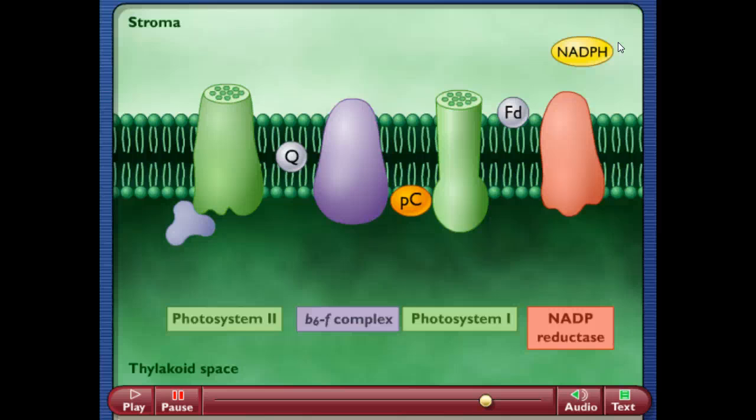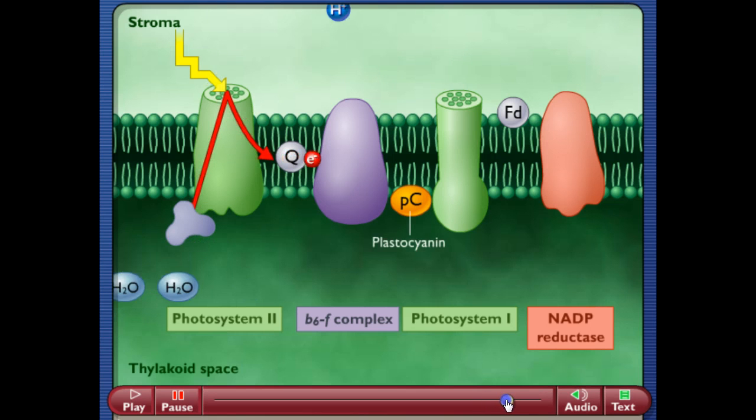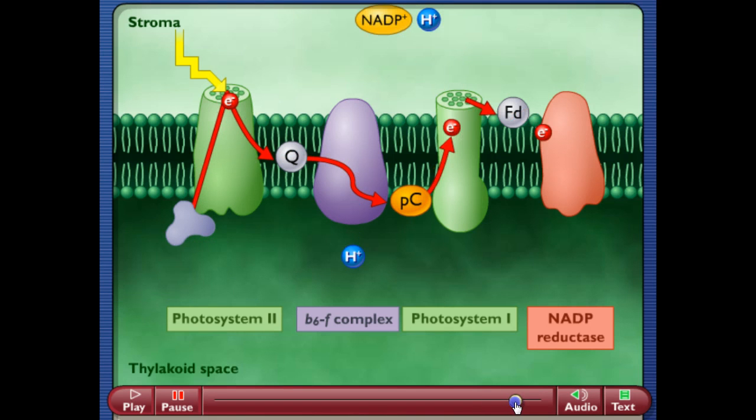Now let's write step 7. In step 7, the electrons lost from photosystem 1 are replaced, here we go, by the electrons now from photosystem 2 that were stripped of the water molecule by splitting it. Now, this is an important addition to this step 7.